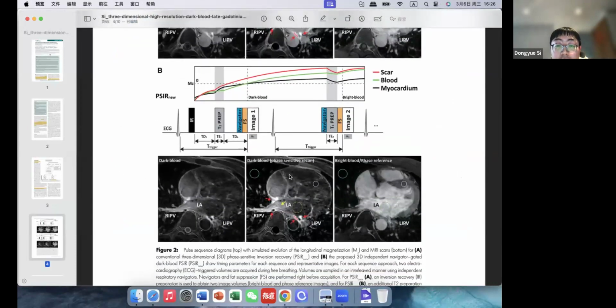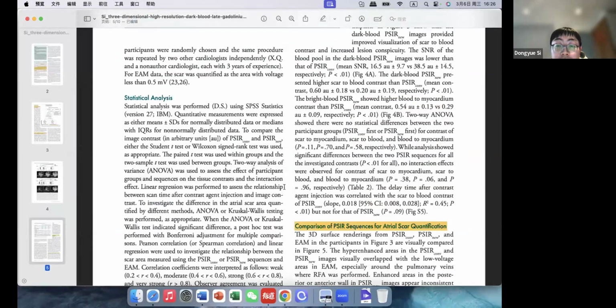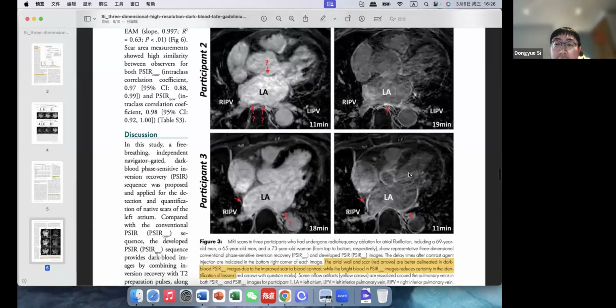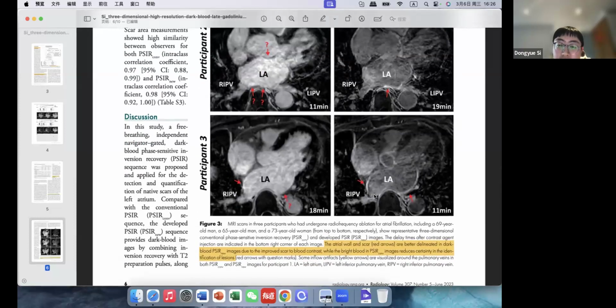We can see some of the results here. The first is a comparison of the image contrast. The visual comparison showed that the proposed sequence can improve the scar-to-blood contrast, which can provide a better delineation of the atrial scar area, which is not so certain in the conventional bright blood LGE images.